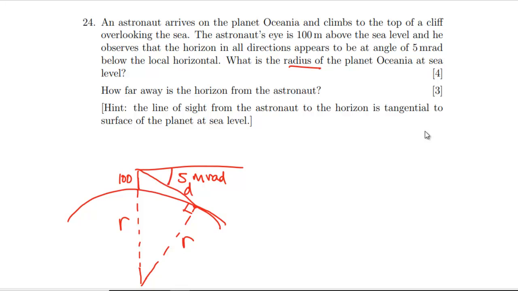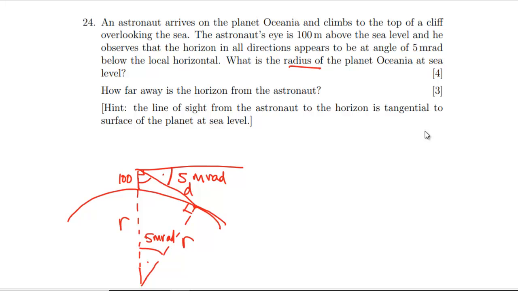This angle here is the same as that angle there. That's going to help matters because we know that is a right angle. So that's 90 minus this, and it's also 90 minus that because this is a right angle. So we've got these angles, that's also 5 milliradians there.